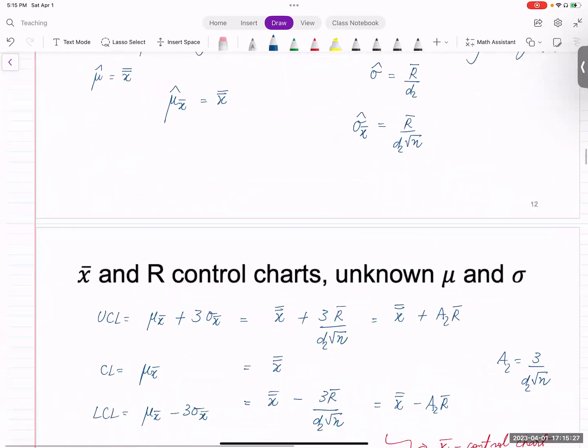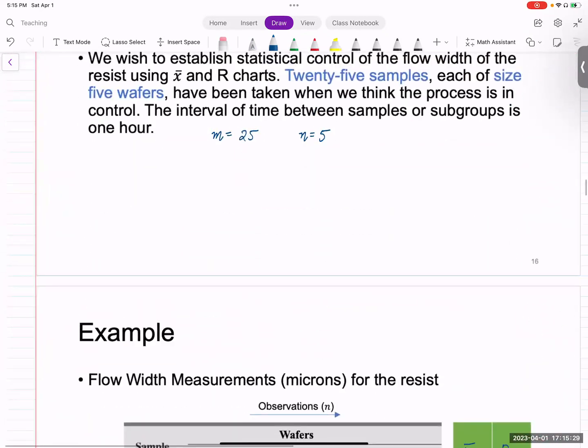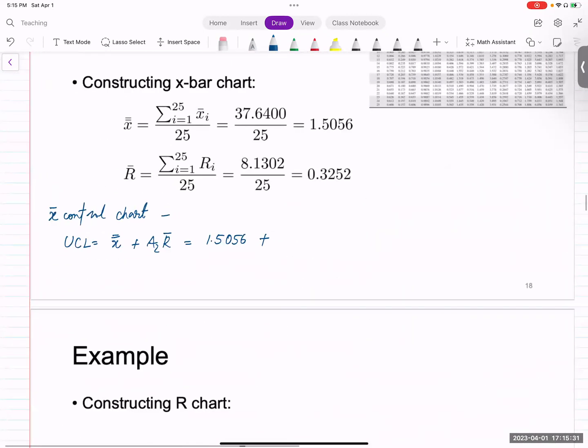All right, so let's go back and plug this in. Plus 0.577 times R bar, which is 0.3252, which will give you 1.6932. Your CL is just X double bar, which is equal to 1.5056.